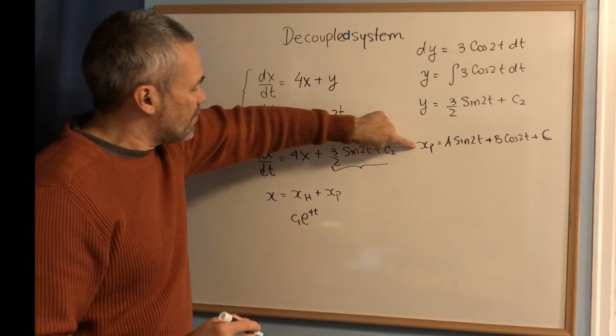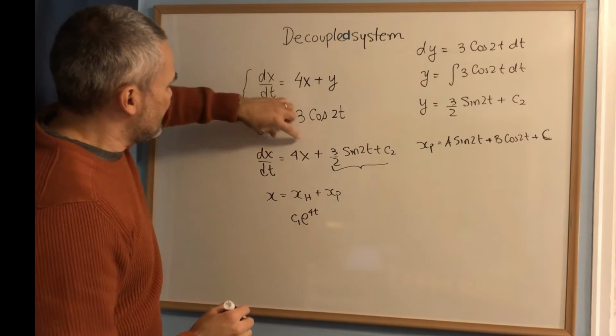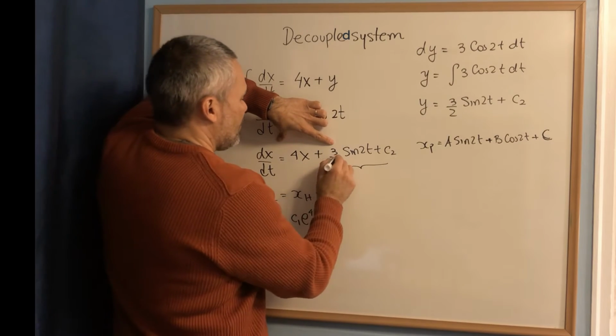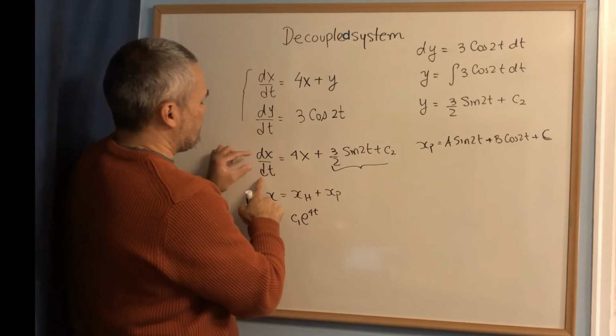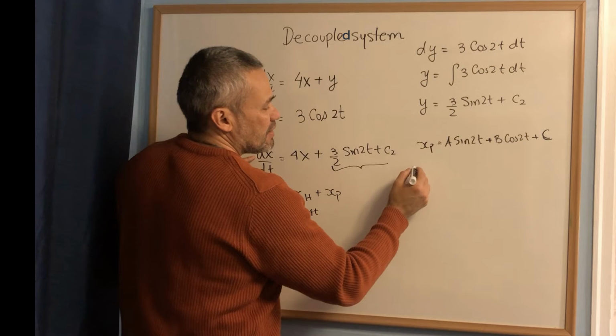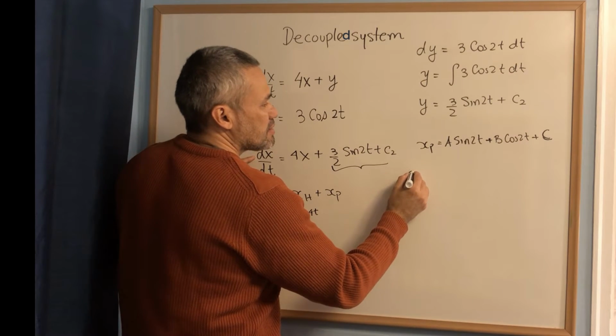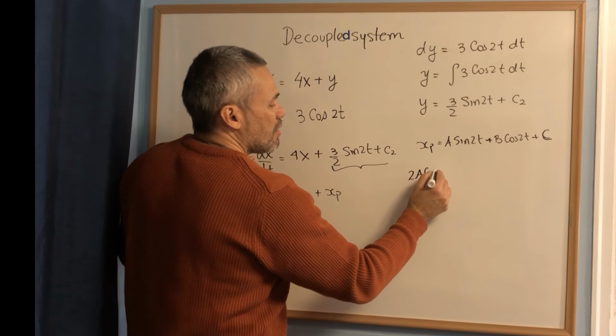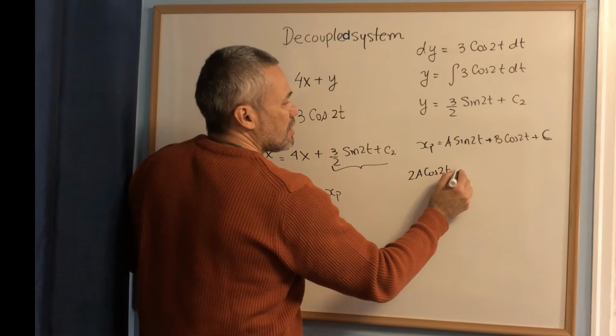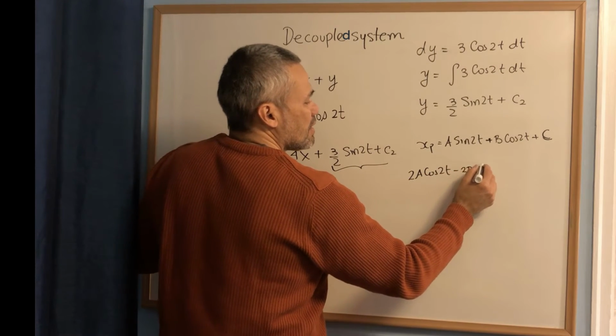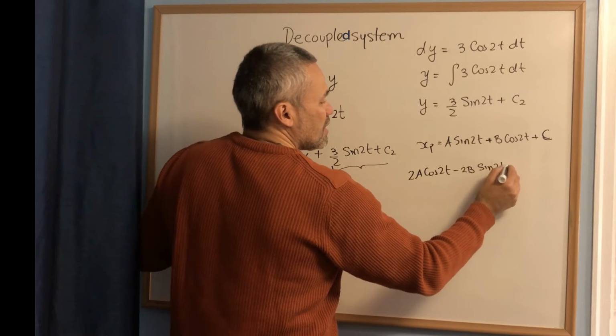Then we want this to be a solution of this differential equation. What do we do? We take the derivative. The derivative of this function is 2a cosine of 2t minus 2b sine of 2t.